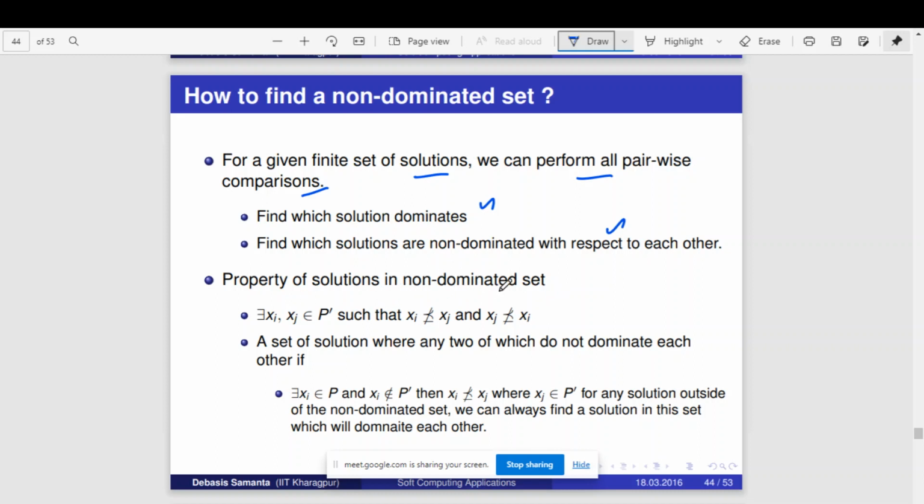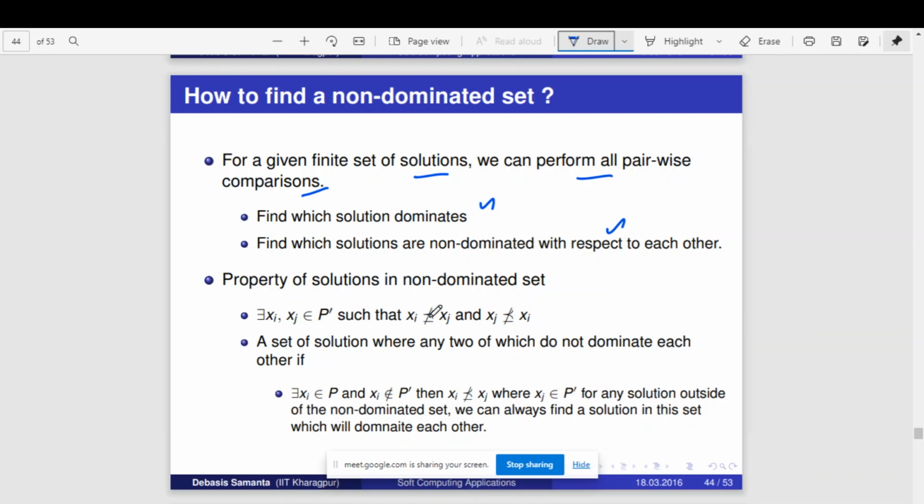The property of a solution in a non-dominated set is given like this: for all xi belonging to P dash, where P dash represents the set of solutions not dominating each other, xi is not less than or equal to xj and xj is not less than or equal to xi.